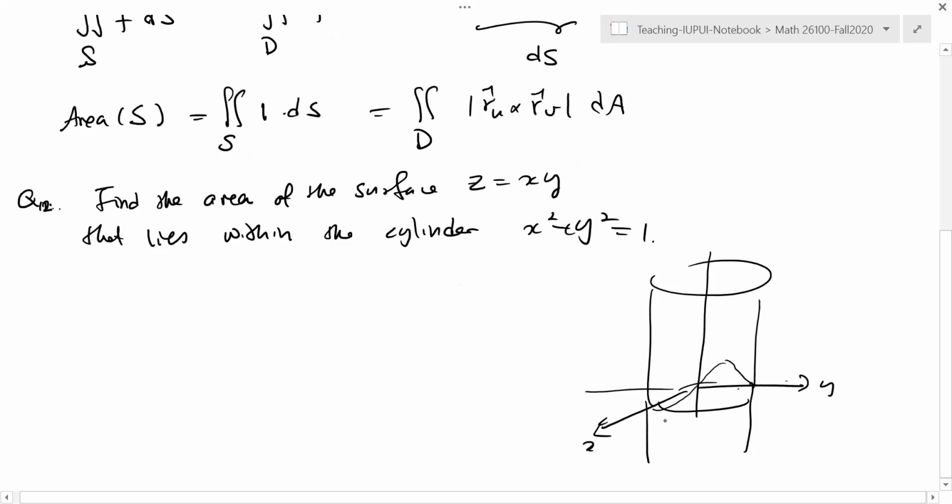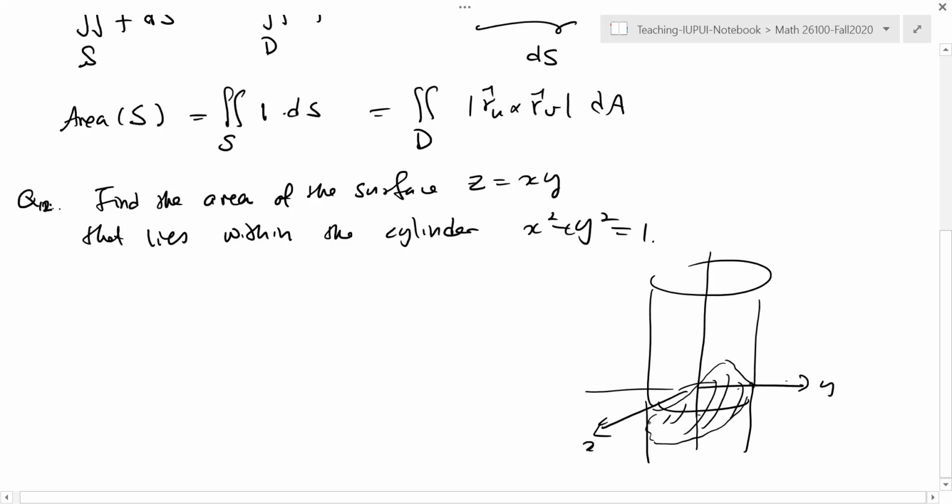It's hard to draw, but this surface has some portions above the xy plane and some portions below, because z could be negative if x is negative and y is positive. So in the first quadrant it's positive, in the second quadrant it's negative, in the third quadrant it's positive. Anyway, something like that, this surface.